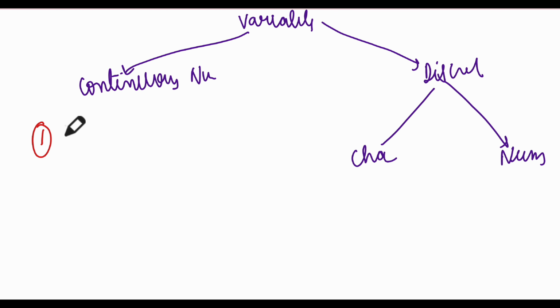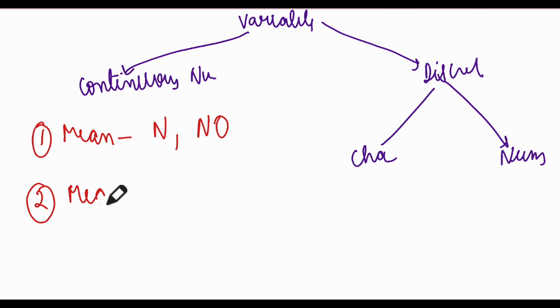The first method is you can do it using mean, but what is the condition for mean? There should be a normal distribution and there should be no outlier. If there is an outlier, then you use median. This is the first approach. Now in this case, you first of all replace it by mode.